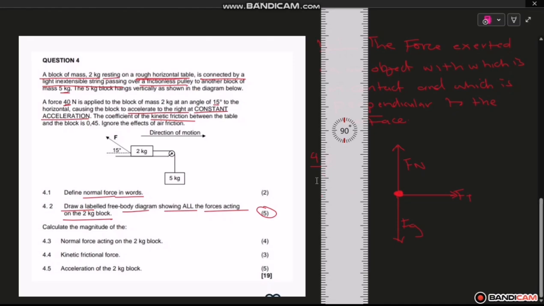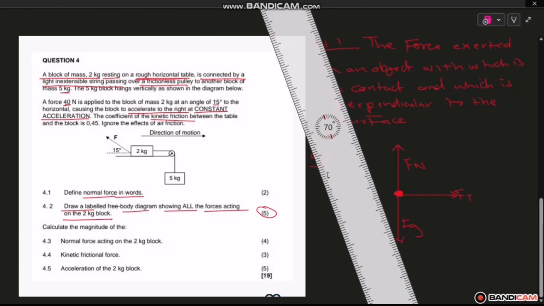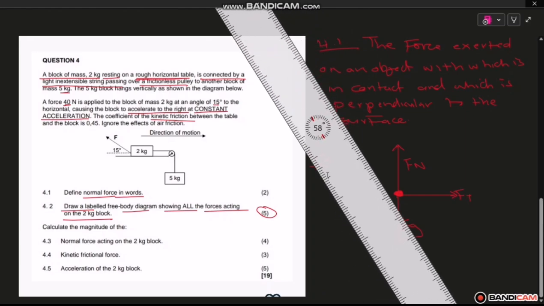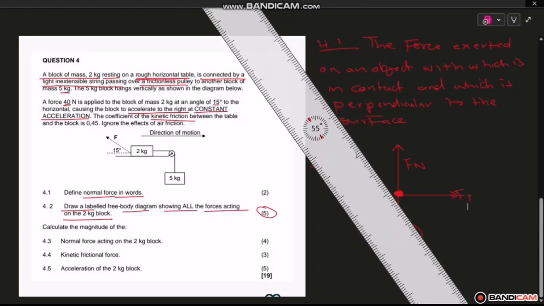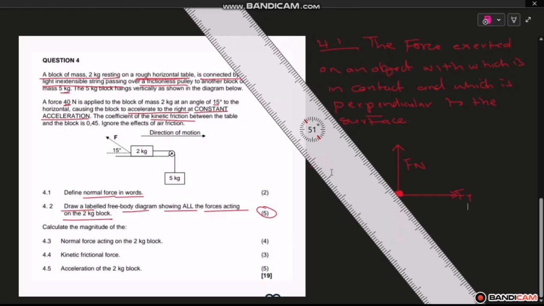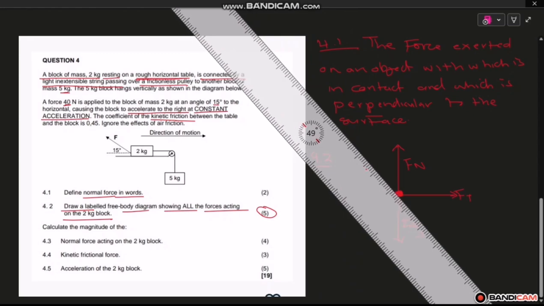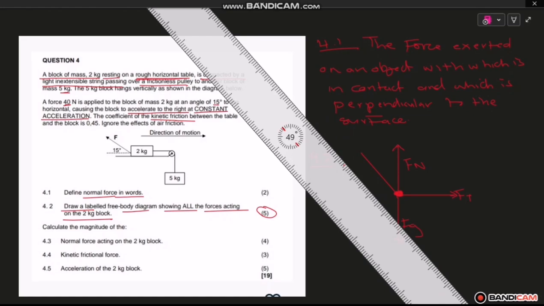But before that, let's draw the applied force. Since it is pulled at an angle, make sure that you draw it as it is on your diagram. So let's draw it over here the way it is drawn on the diagram. This becomes Fa, force applied, or just F.